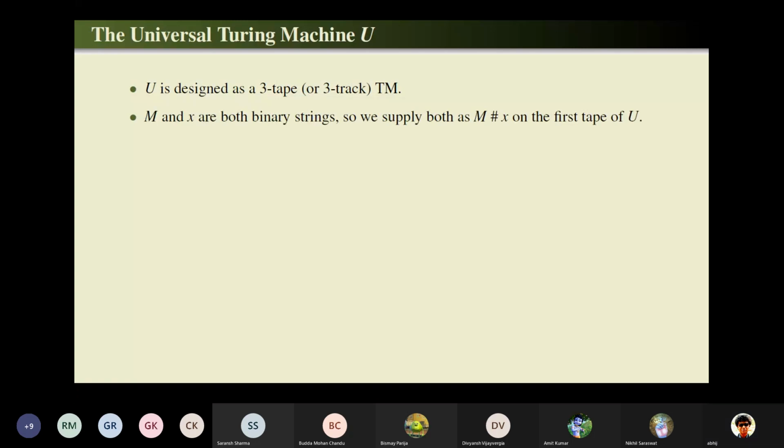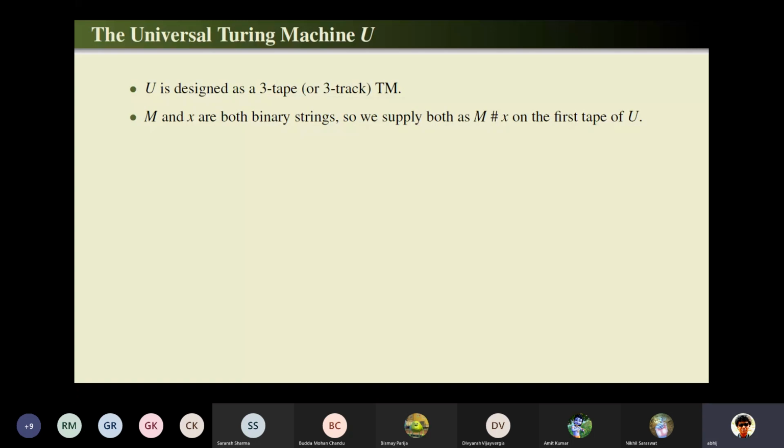Okay. So the input, for that matter, I can design it as a three-tape machine, or whatever. That's not very important. M and X are input. They are both binary strings, but somehow I have to separate those. That can be done using a special symbol like hash.